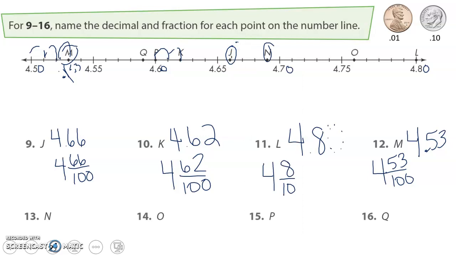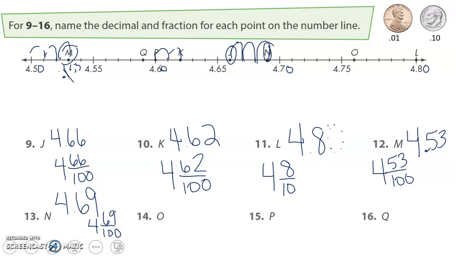So this space here is 4 and 67 hundredths, 4 and 68 hundredths, 4 and 69 hundredths. And that makes sense because the one right after is 4 and 70 hundredths. Okay, so I know that N is 4 and 69 hundredths as a decimal. As a fraction, we actually say it the same exact way. We just write it a little bit differently. It's 4 and 69 hundredths, or 4 and 69 over 100.